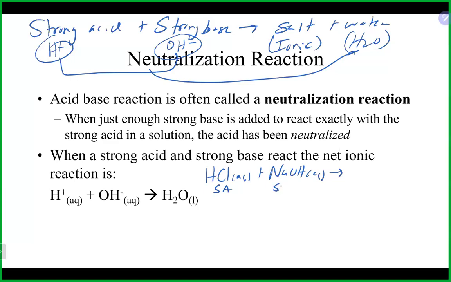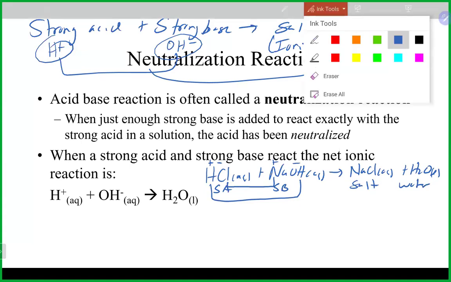Strong acid, strong base. Also a double displacement reaction. So we're just going to switch partners here, basically. And again, that's going to make sodium chloride and water. That is our salt and obviously our water in this case. In this situation, that is always pretty much how water is made.